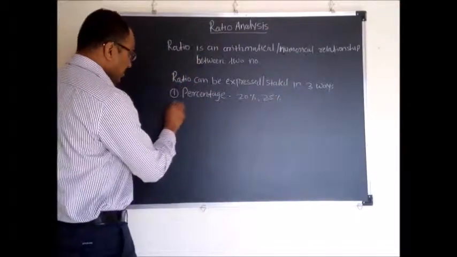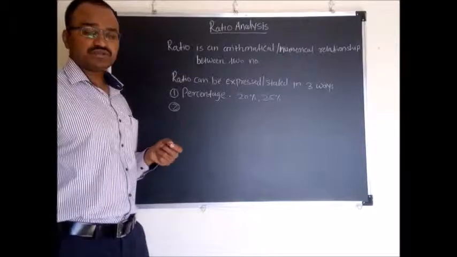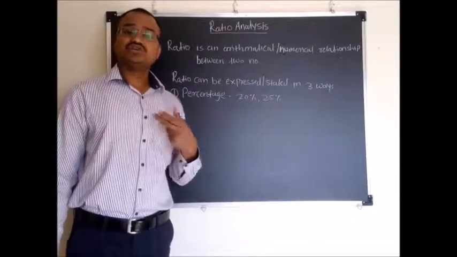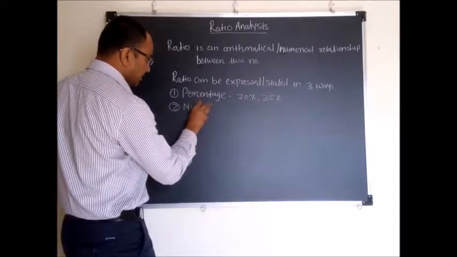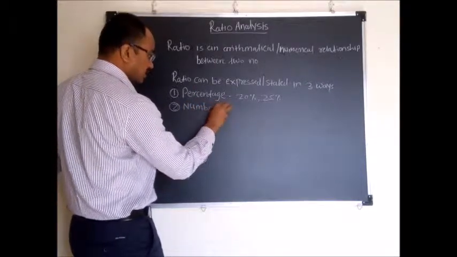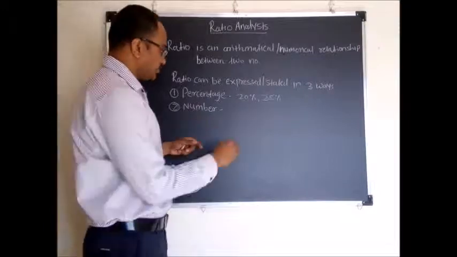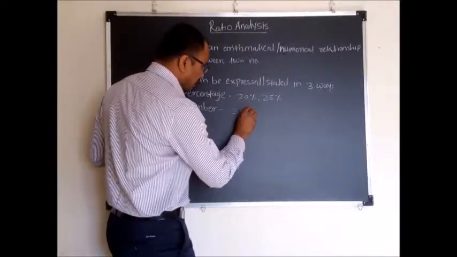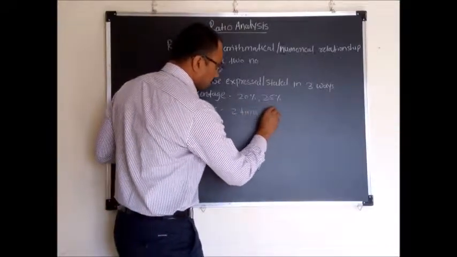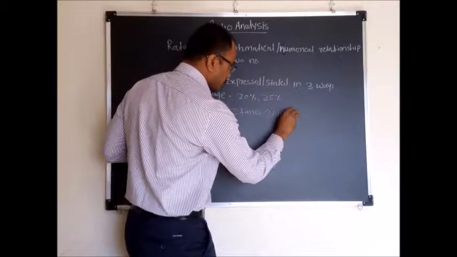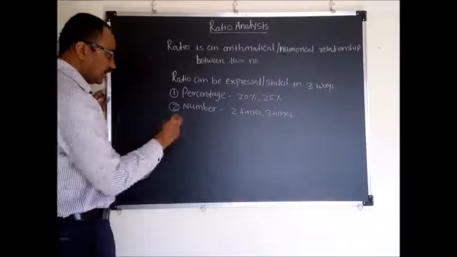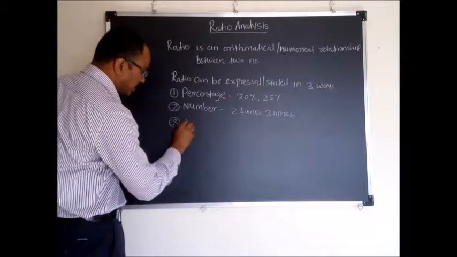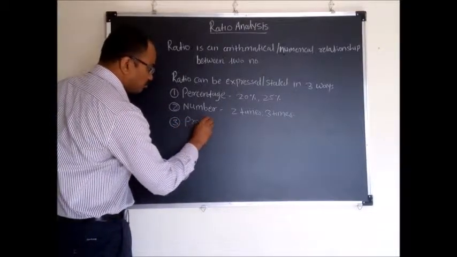The second way to express ratio is in terms of number. We can express one number in terms of another number as 2 times, 3 times, etc. And the third way to express ratio is in terms of proportion.